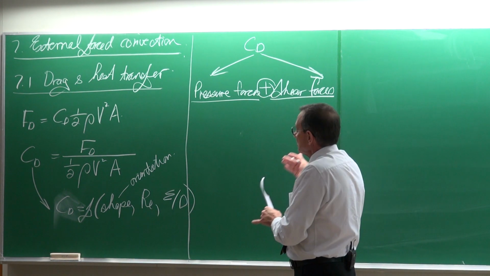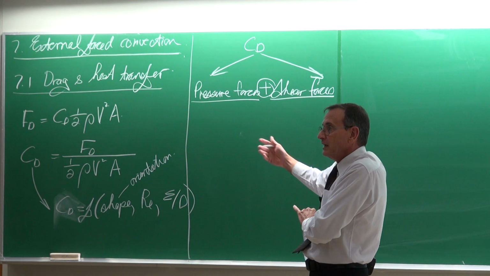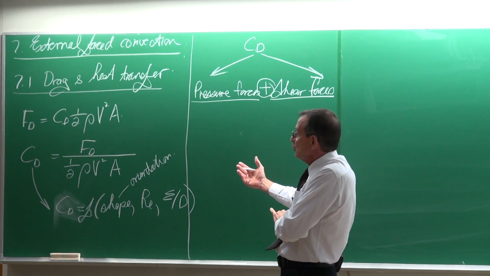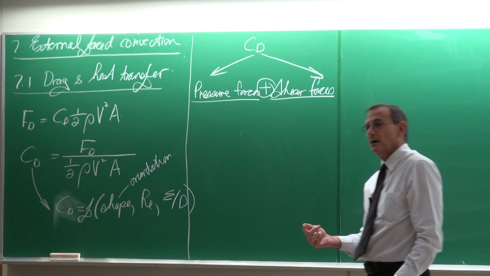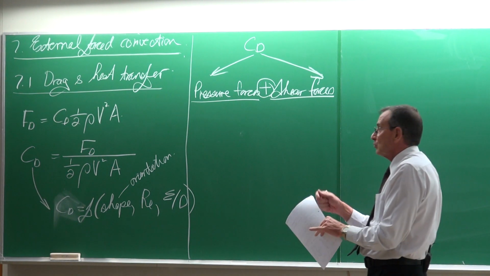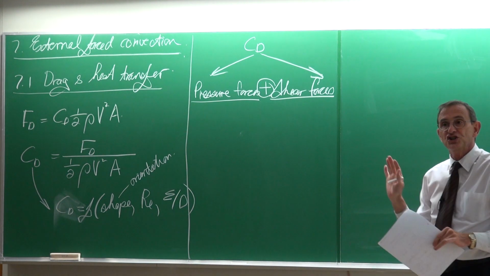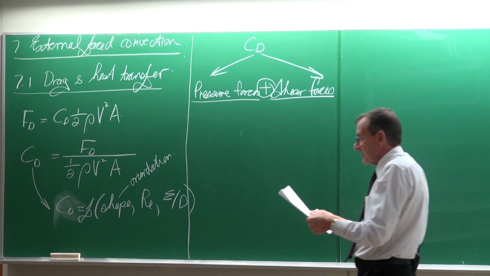So if you're interested in getting the drag of an aerofoil or any types of geometry, then you have to be careful, if you go and look for the coefficient, which one it is, because you need to take into consideration the pressure one as well as the shear one. And in many cases, they are not given together.